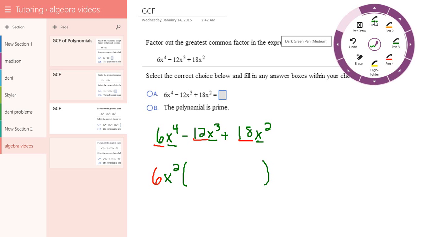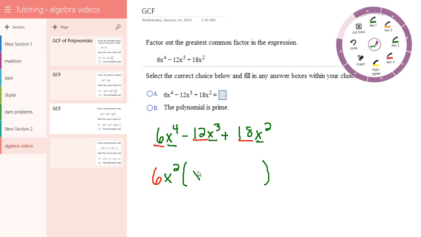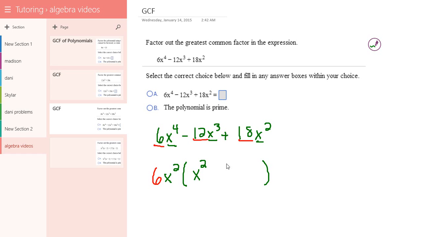The final thing that you're left to do is to find out what's left, and again you get this by dividing. 6 divided by 6 is 1. We don't have to write the 1. There were 4 x's here. I'm going to take out 2. That leaves x squared, minus 12 divided by 6 is 2. I had 3 x's.